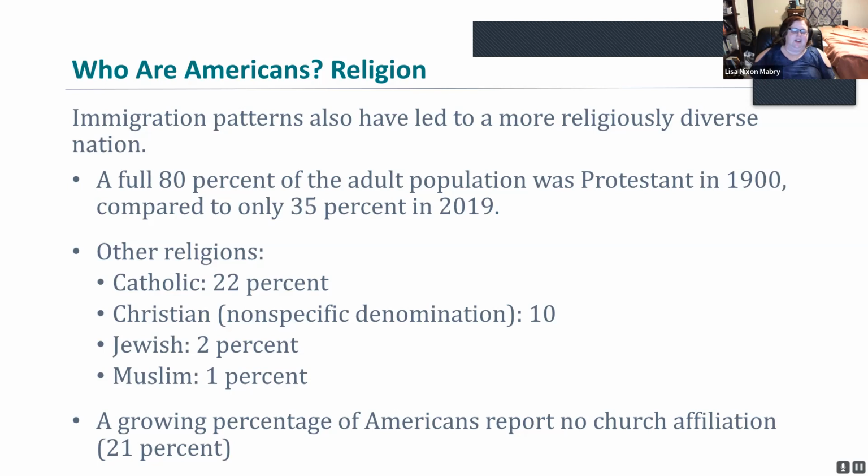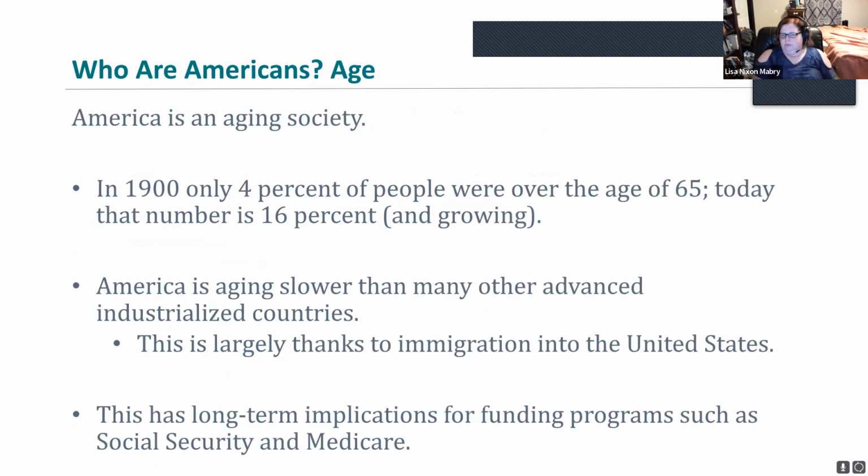There's a religion that I always like to show my students that people go, what? But it helps to kind of explain separation of church and state. So we're definitely seeing a more diverse society than we did 122 years ago.